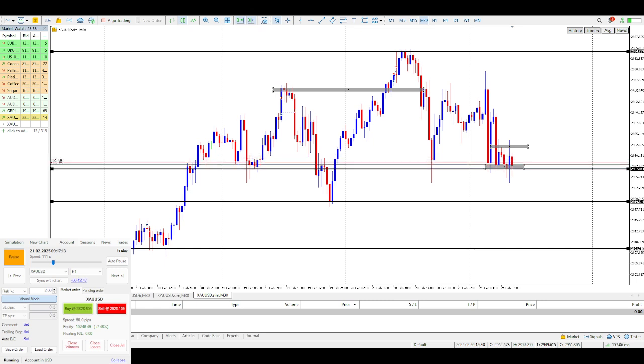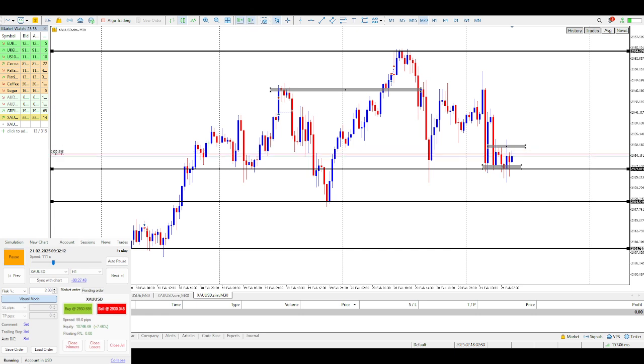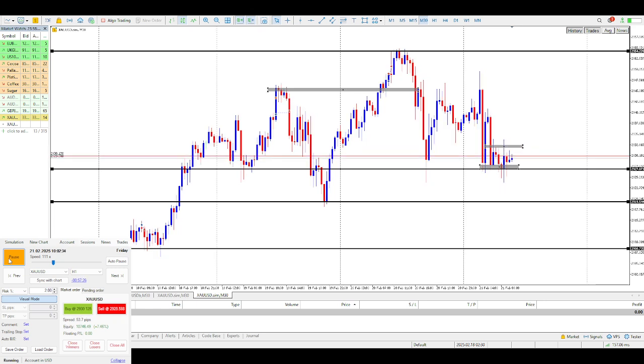Price is basically ranging. It's ranging, ranging, price is ranging.